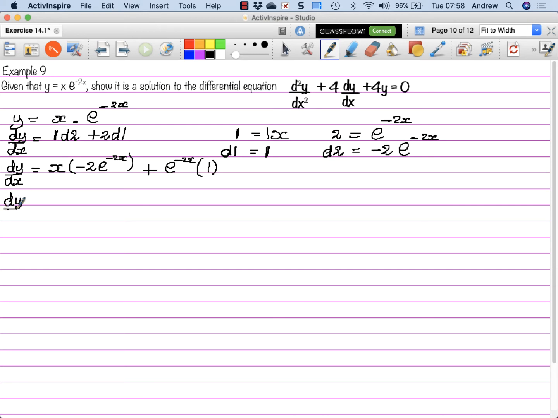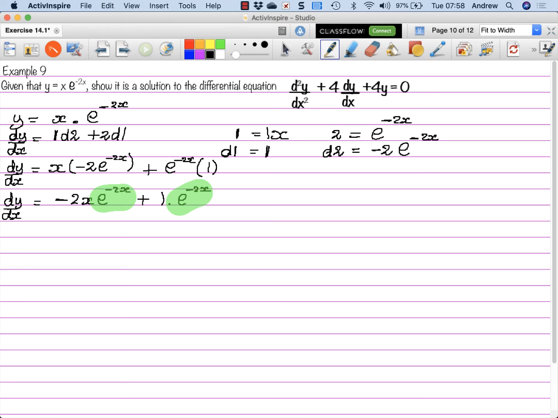So dy/dx, tidying this line up, is minus 2x e to the minus 2x plus 1 e to the minus 2x. For these types of problems, you need to learn tricks, and the tricks are to factorize. So we are going to factorize this expression, which means we're going to take out e to the minus 2x as a common factor.